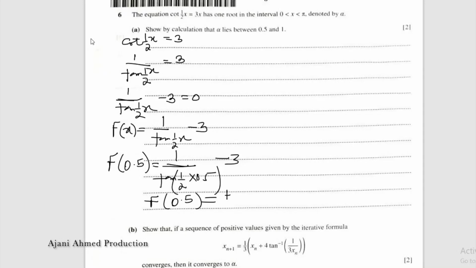Make sure your calculator is in radian. Plus 2.416, plus 2.416. Now when x is 0.5.